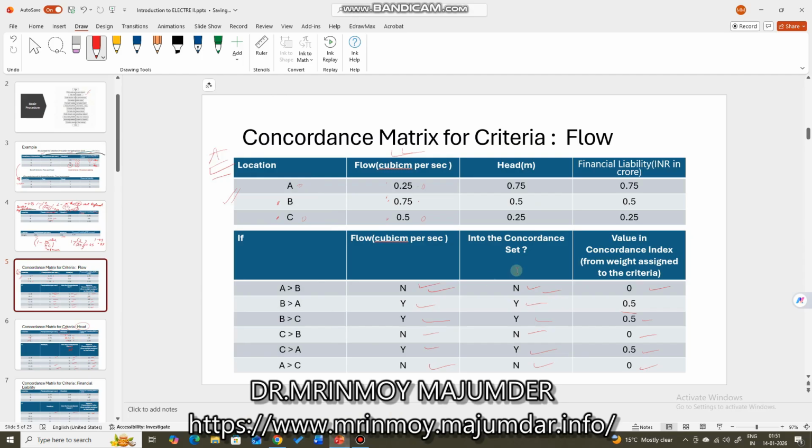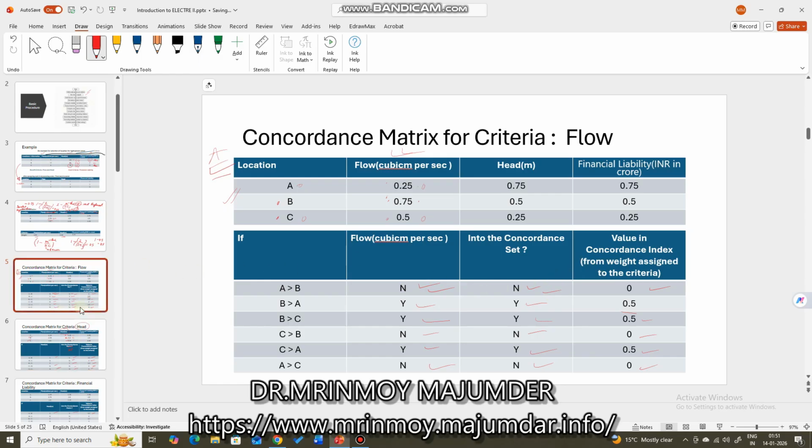So in this way, if A is greater than B for the criteria, then the concordance index is constituted with the weight of that criteria. If not, 0 is assigned.